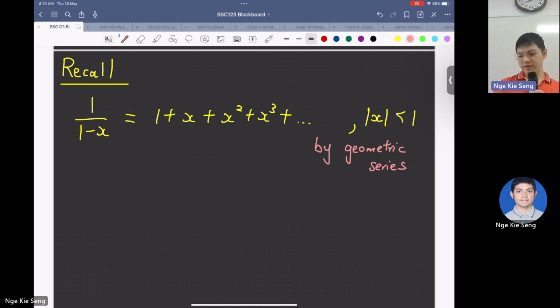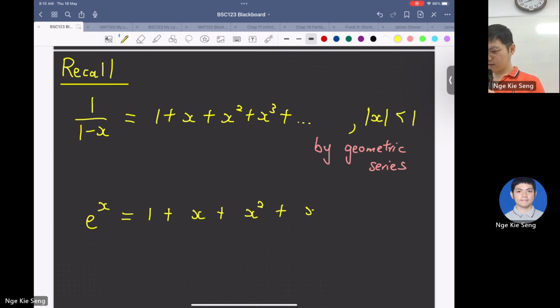The second power series we learned is e to the power x. And we somehow used ODE to solve it. We don't have ODE in the exam, so don't worry. Still, you have the power of x, but what's the coefficient here? 1 over n factorial.